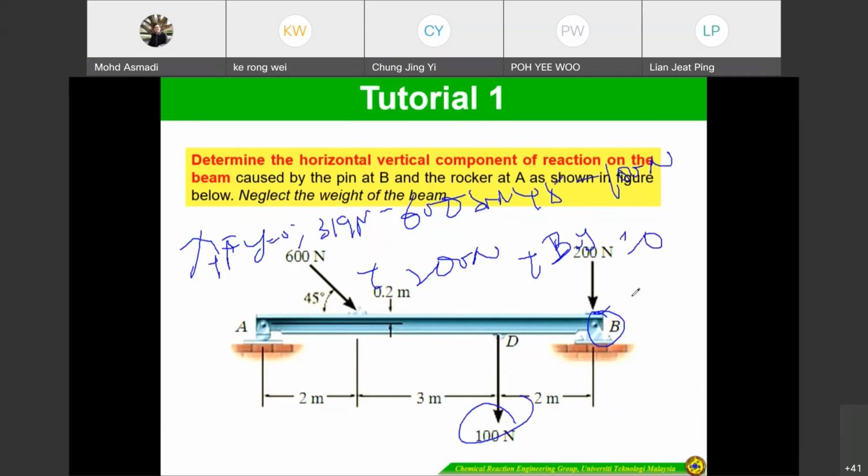So you can get BY, or 0.5. Okay, that's the answer.